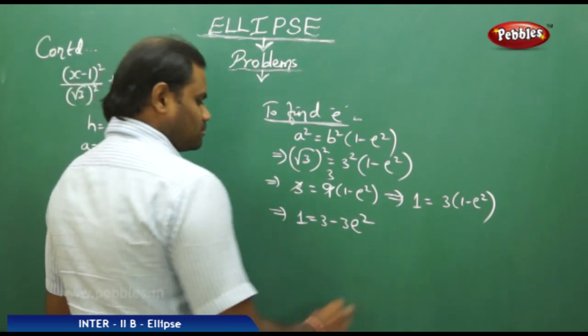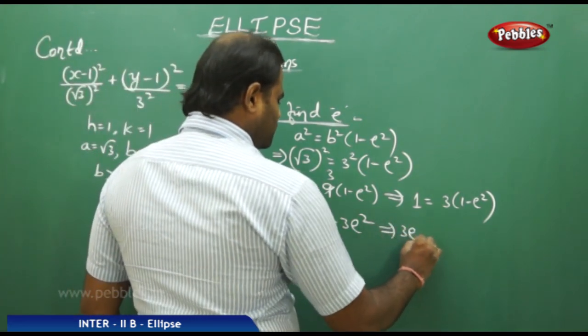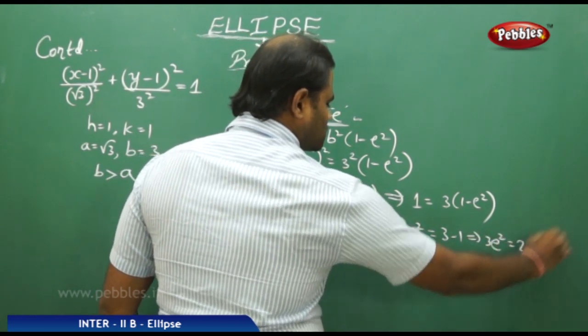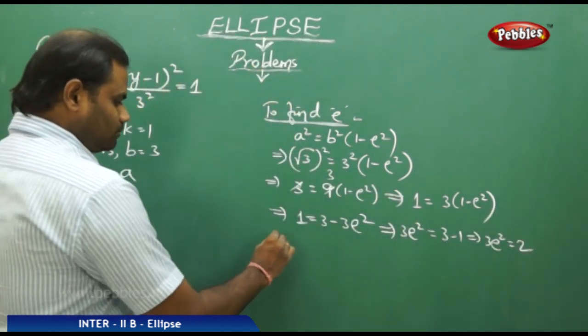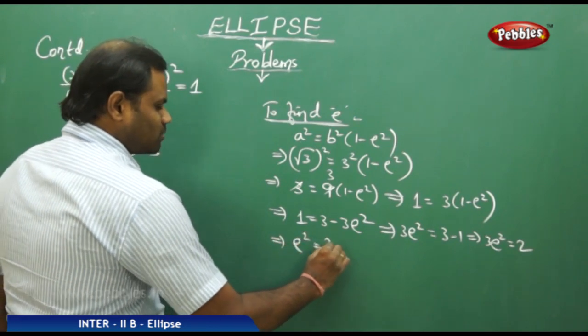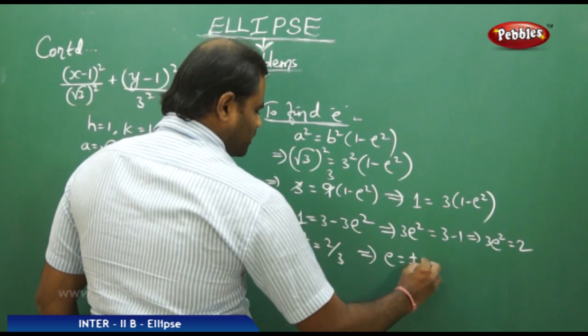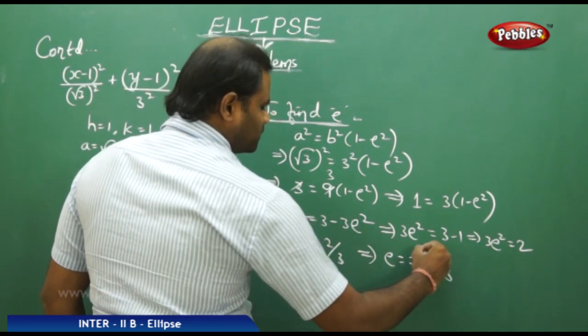That is, 3e squared equal to 3 minus 1. That implies 3e squared equal to 2. That implies e squared is 2 over 3. e is plus or minus root of 2 by 3.